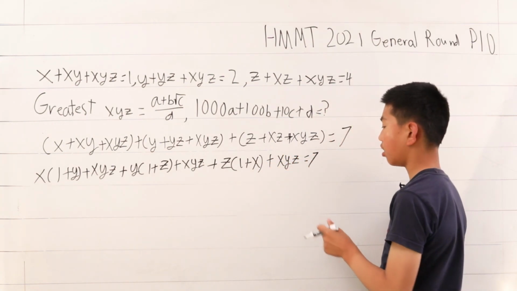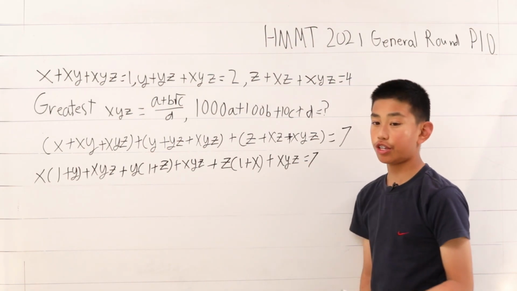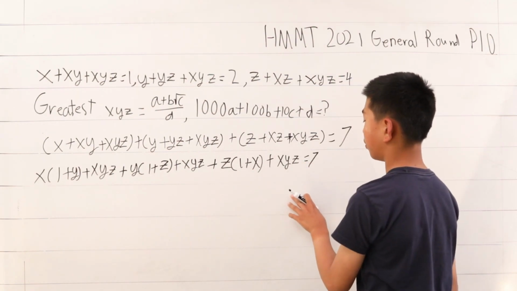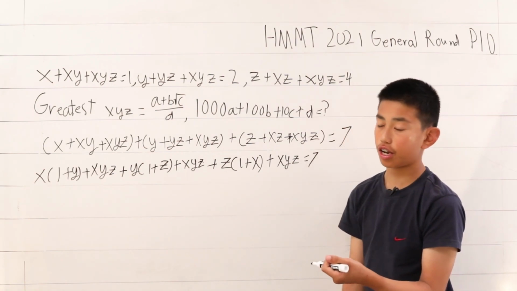Now we can add all the xyz terms and then subtract them from both sides to get rid of them from the left side.